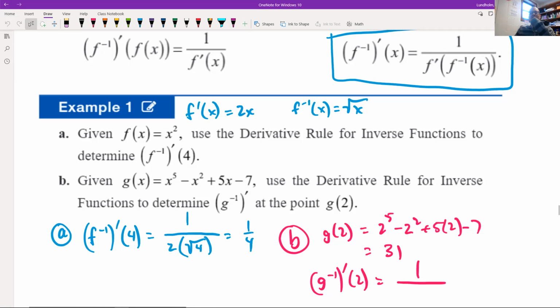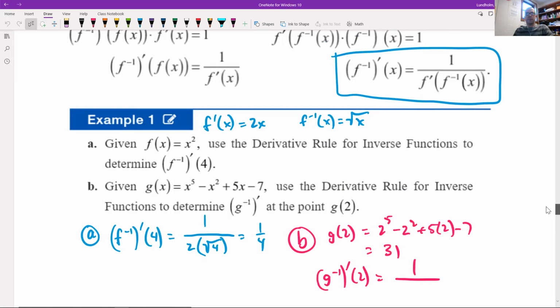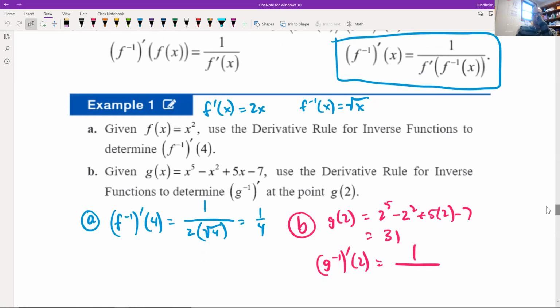So maybe I didn't even need to figure out g of 2 this time. Maybe that's what we're hoping to avoid. No, this should be 31 here.